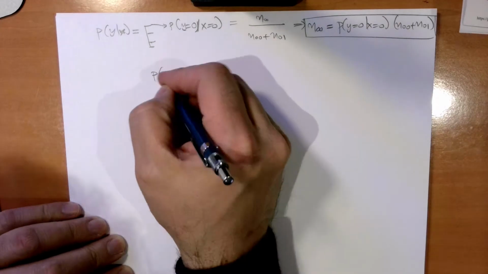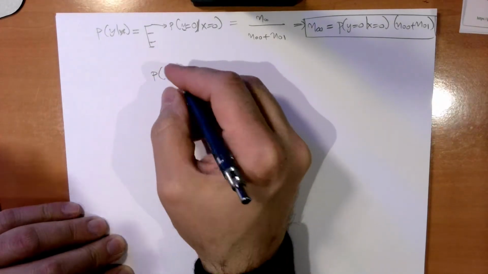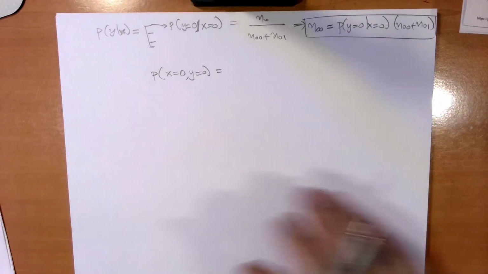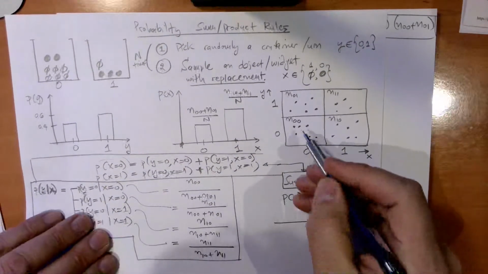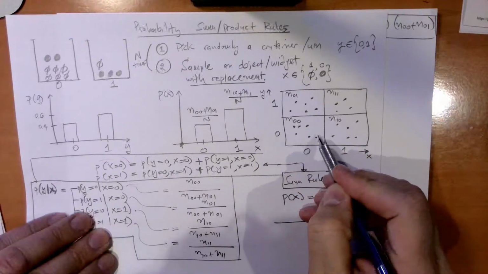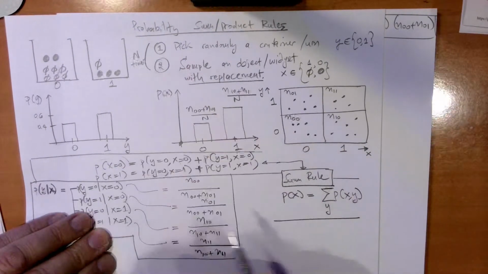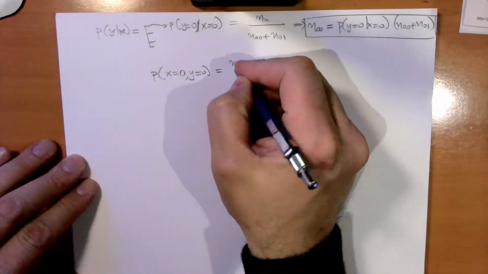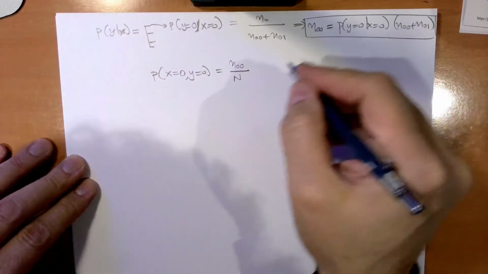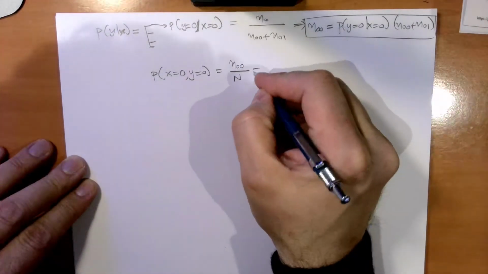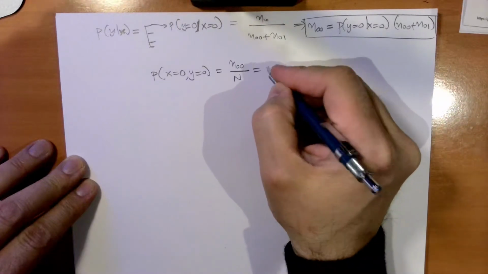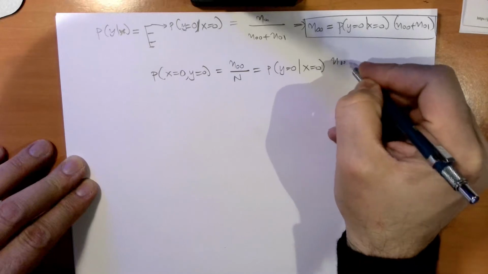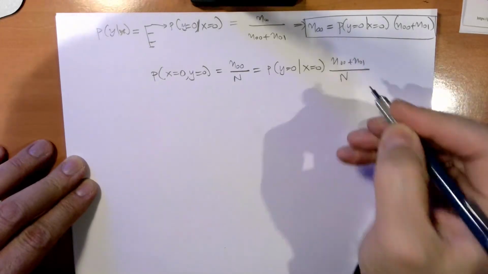So now if we write the P of X is equal to 0, comma Y is equal to 0, then obviously, if you can recall from the previous diagram, these are all the events that are in this quadrant divided by n, which is the number of experiments we have run. So this is basically n00 divided by n. And then we can replace n00 from here. It's going to be equal to P of Y is equal to 0 given X is equal to 0, times n00 plus n01, divided by n.